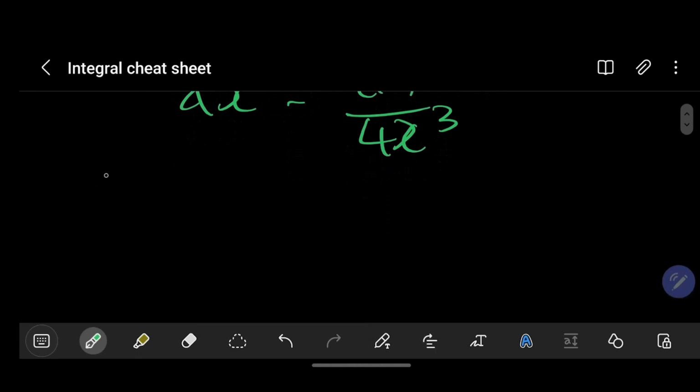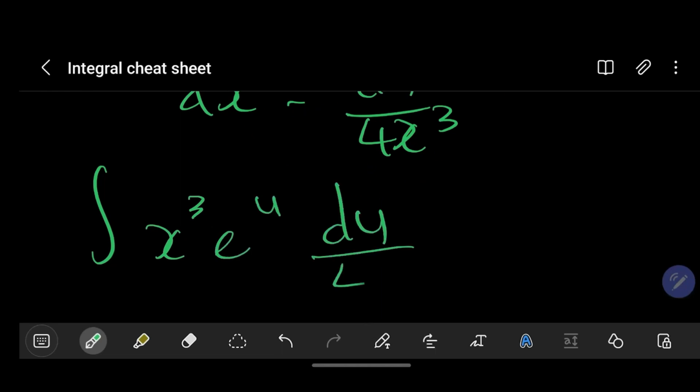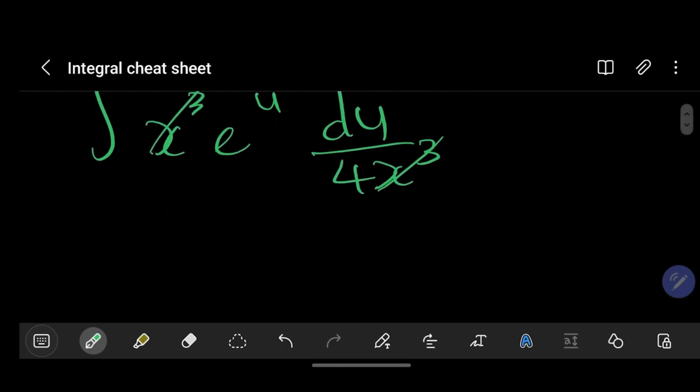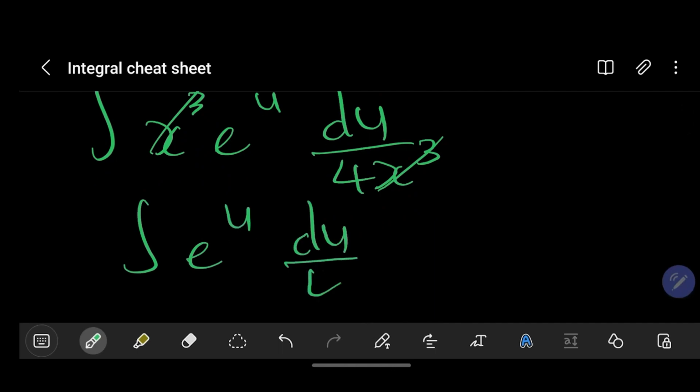So now we'll have the integral of x cubed e to the u. dx is now du all over 4x cubed. And at this point we can see that we did the u substitution correctly, because x cubed and x cubed can cancel. So we now have the integral of e to the u du over 4.